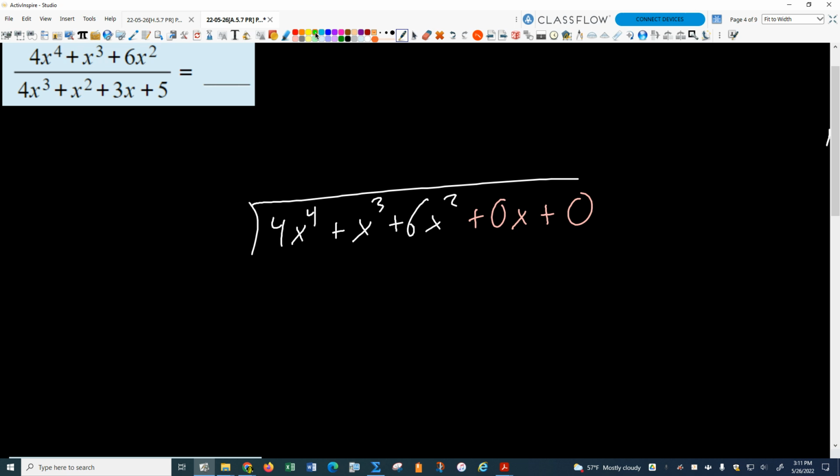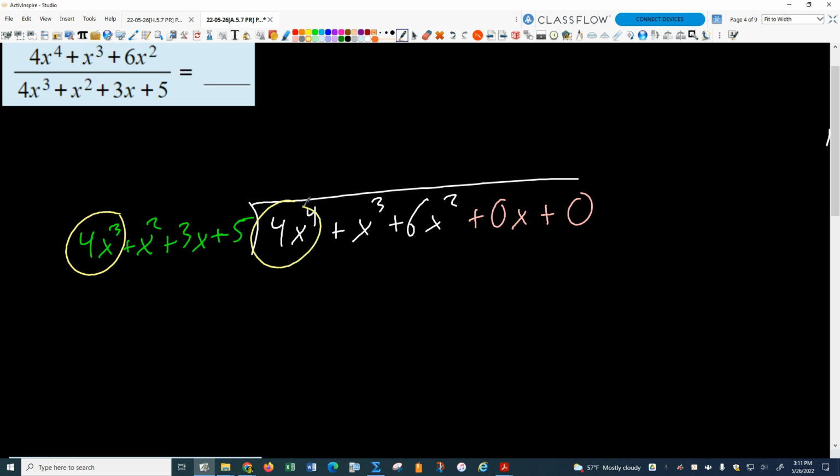Okay, what goes out front? 4x cubed plus x squared plus 3 plus 5. Okay, everybody agree? Yep. Okay, give me so far, 1 to 5. 5. Okay, so far good. Okay, now what? Good. Perfect. So we only have to focus on the leading terms.